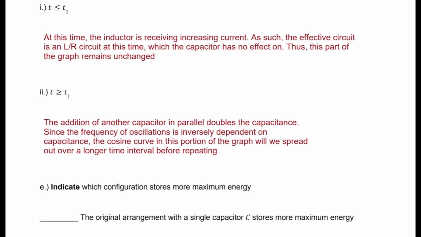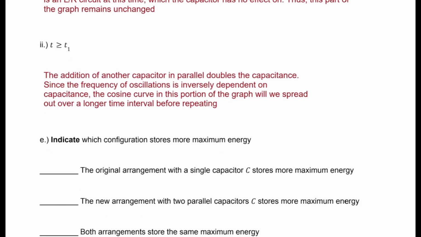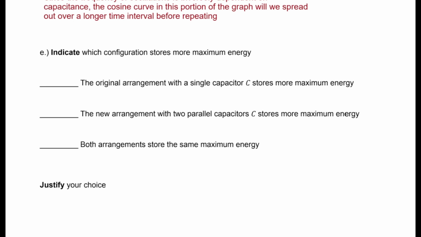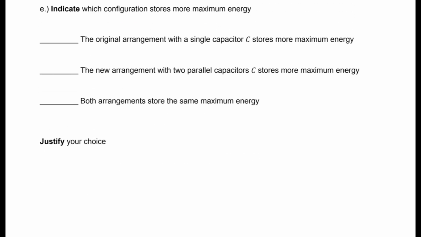And lastly, what stores more energy? The original arrangement with just a capacitor, or the second arrangement with two parallel capacitors? And here's where it's really important to look at the initial conditions, because part of us would see this fact and think, well, if we have two capacitors wired in parallel like this, it clearly stores more energy because it's the same potential difference, except there's double the capacitors.